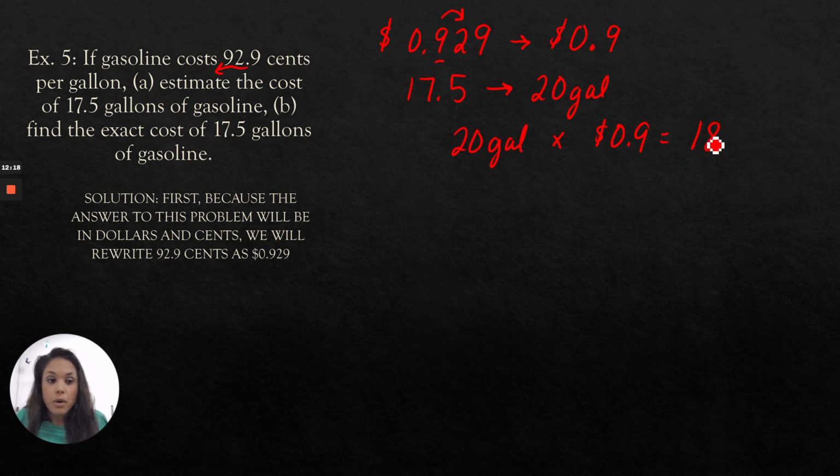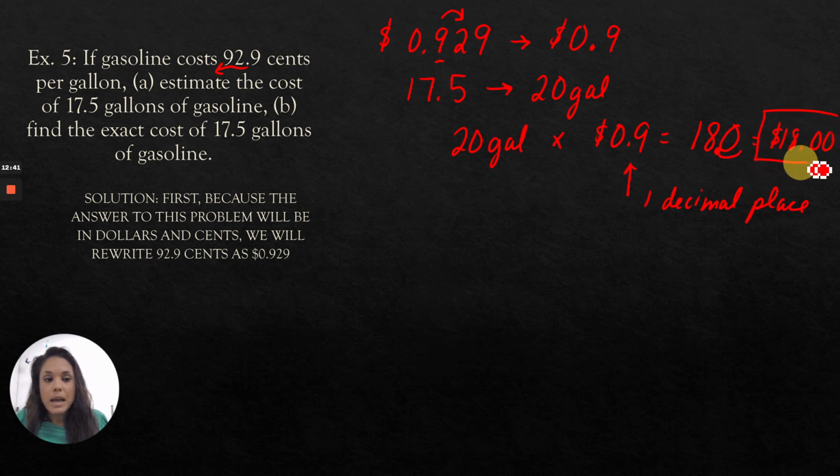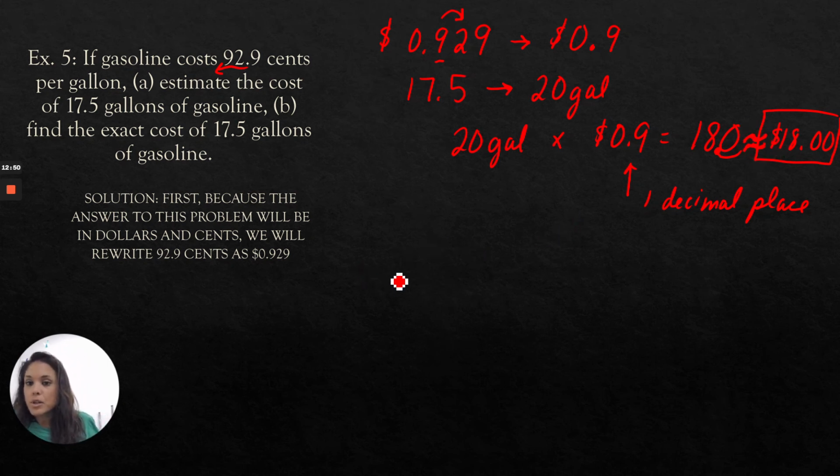We add that 0, and then we notice we have 1 decimal place. So I need to add a decimal right here. And since we're dealing with dollars, my answer is $18. That is my estimated price. And you actually would use this symbol that looks like this. It means approximate.